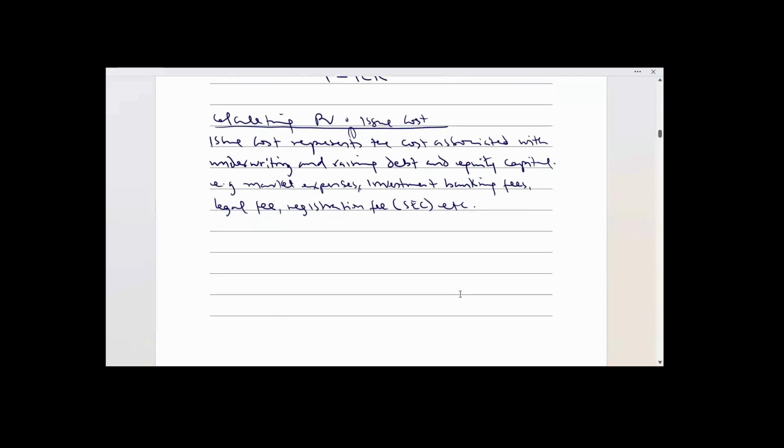Generally, the issue cost associated with debts will attract tax relief, that is benefits, in the first year.